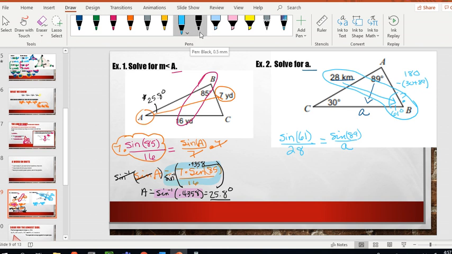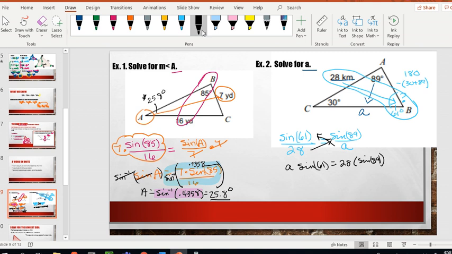Guys, you can multiply both sides by A, okay? That's fine to do, or you can cross multiply. I have a personal preference of cross multiplying. If you cross multiply, this is what you get. You get A sine of 61 equals 28 times sine of 89.